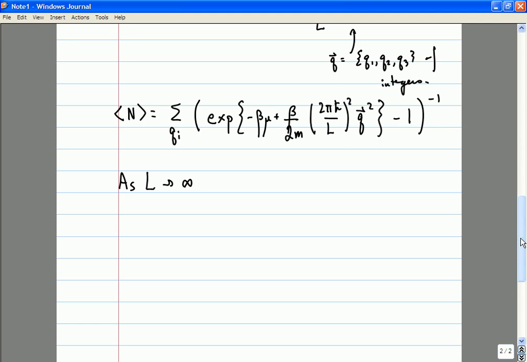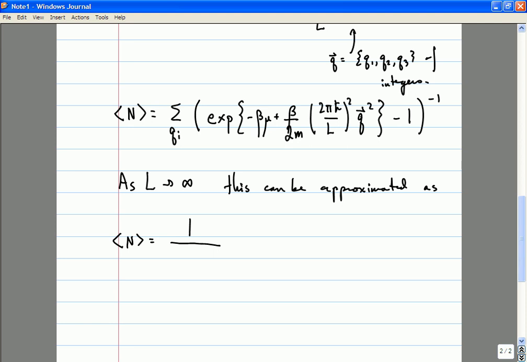Okay. So as L goes to infinity, this can be approximated as the sum of two terms. So first of all, there's the term that comes when all of the integers qi are equal to 0. So what is that?